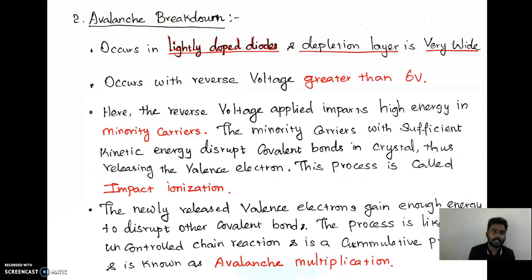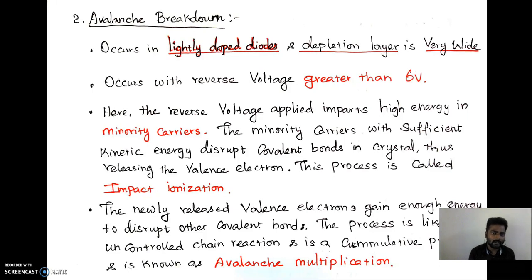And the same point is here. Avalanche breakdown occurs in lightly doped diodes where the depletion layer is very wide, and it occurs with a reverse voltage greater than 6 volts, and the applied reverse voltage imparts high energy to the minority carriers. So these minority carriers with sufficient energy disrupt the covalent bonds in the crystal. While disrupting the covalent bonds, they release valence electrons, and this process is termed impact ionization.